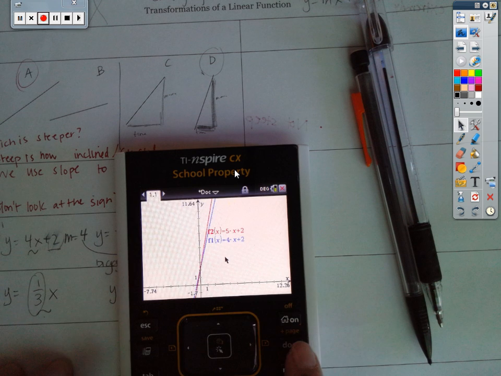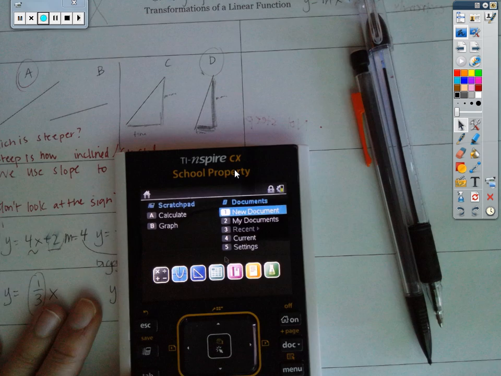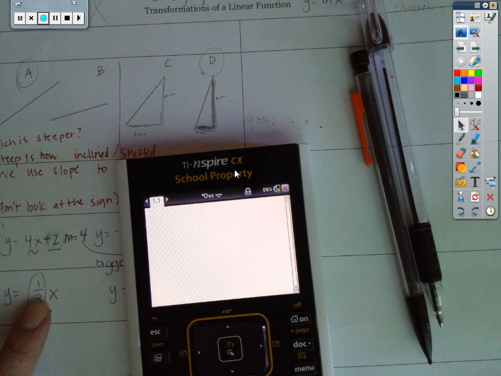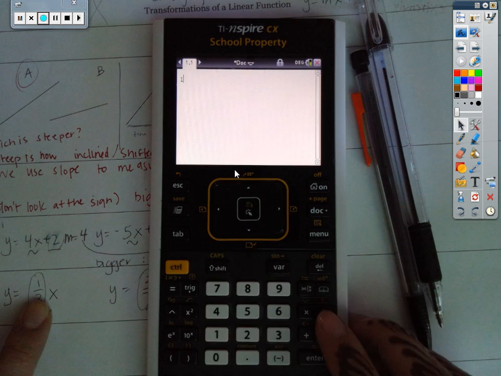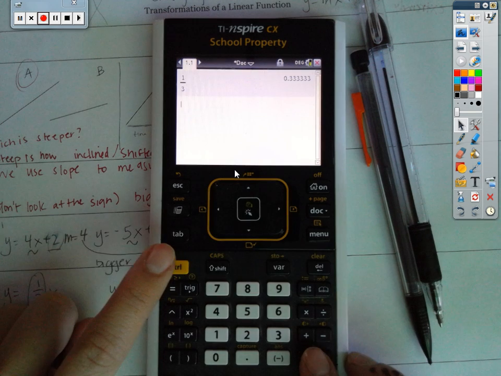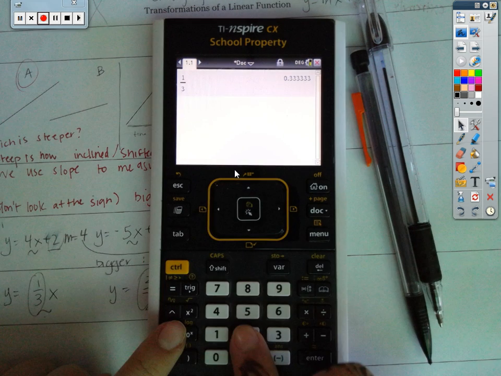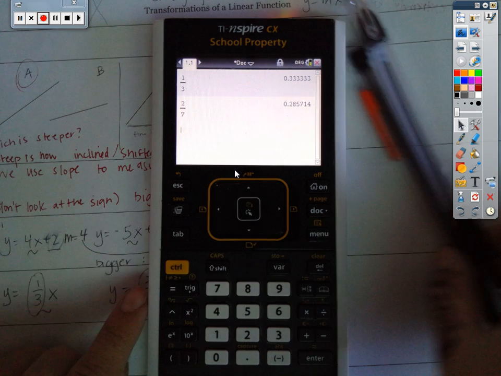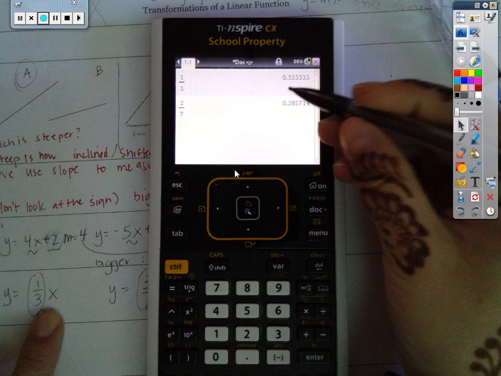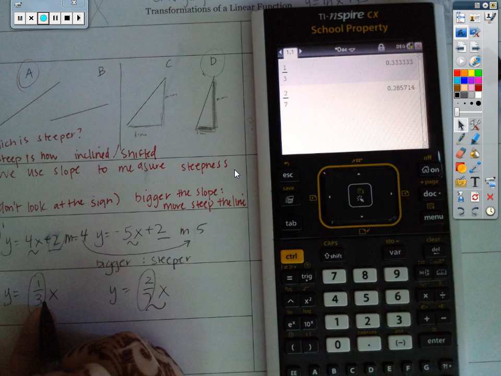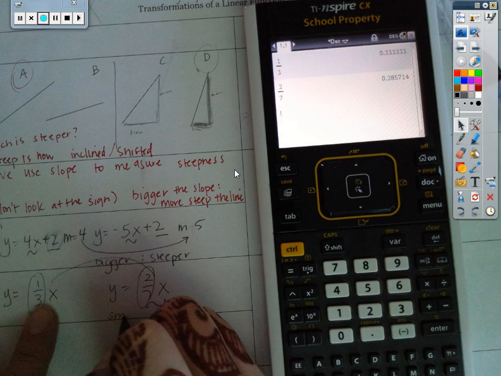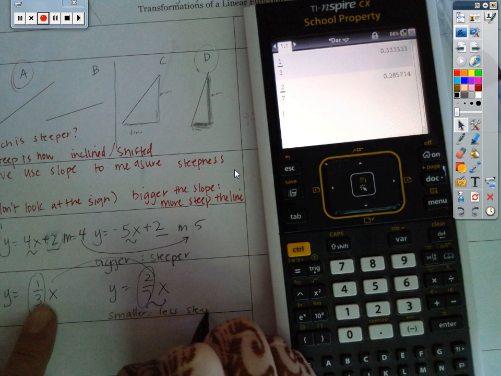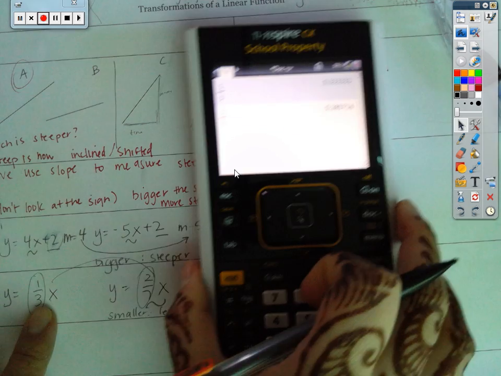Add a new document, go to the calculator, and type them in. 1 divided by 3, control enter because I want a decimal, and 2 over 7, control enter. I get 2.8, and this one is 33. So this one is going from big to small, so that would be smaller, that would be less steep.